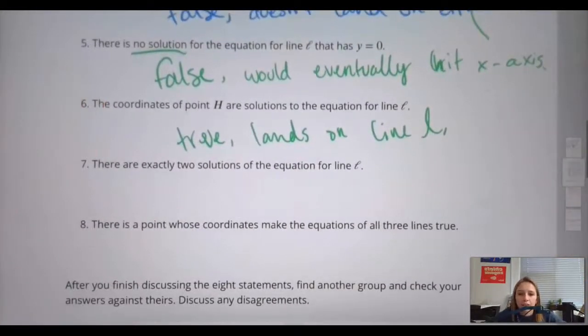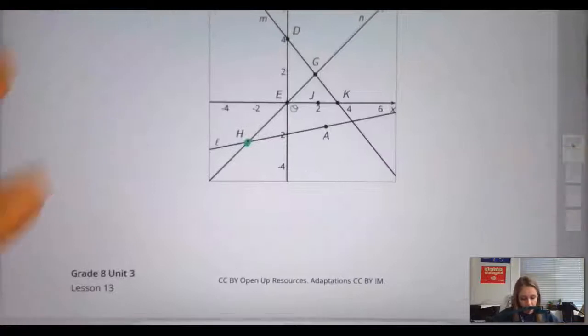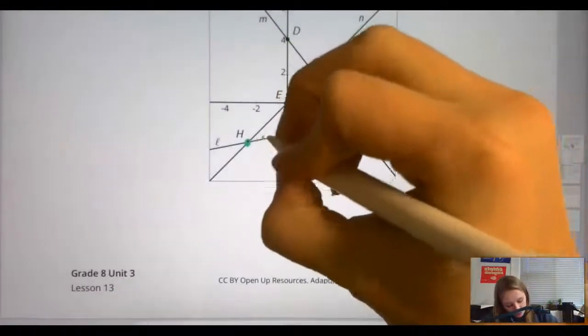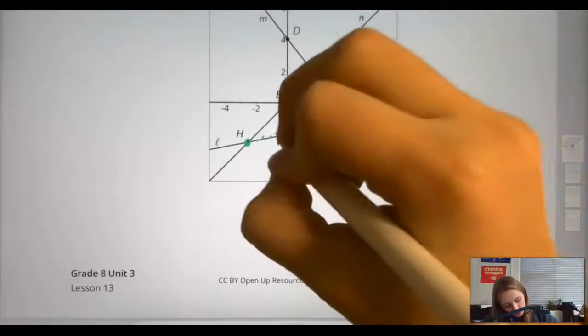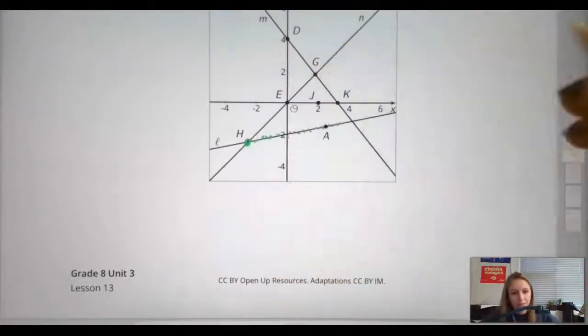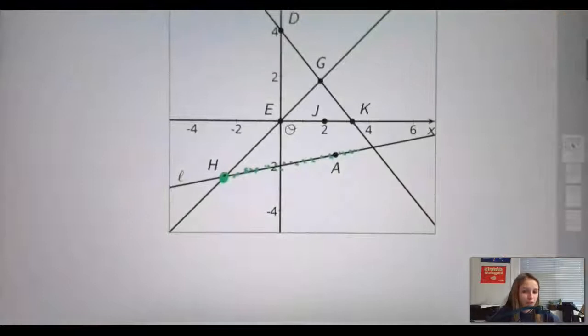Okay, it says there are exactly 2 solutions of the equation for line L. Alright, well, we don't really necessarily need to look back at that, but any solution, any point on this line would be a solution. So all of those dots I'm attempting to make there are solutions for line L. So I just plotted more than one point.